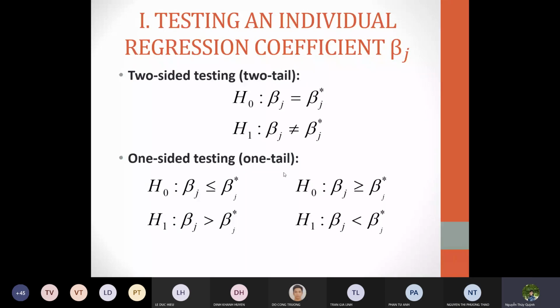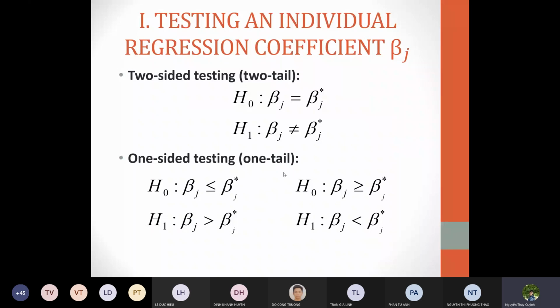If we want to test an individual regression coefficient, we are testing whether there is an individual effect of these independent variables on the dependent variable. So what is individual effect?